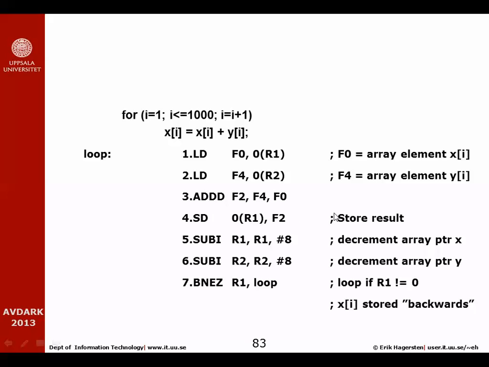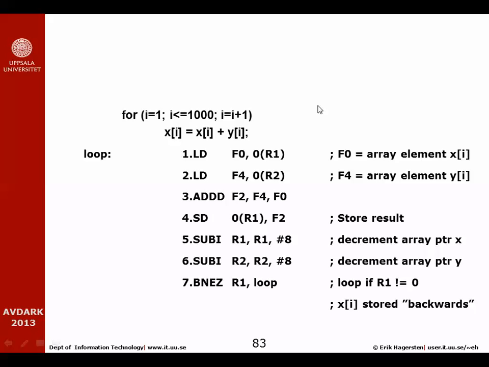Then we have to subtract both pointers to point to the next following item in vectors x and y. So we subtract 8 from both of them. And then if R1 hasn't reached 0, we loop back again. So it's very, very similar to the code before.